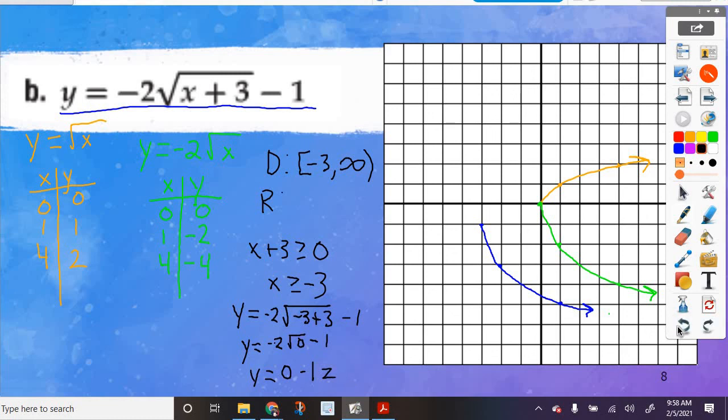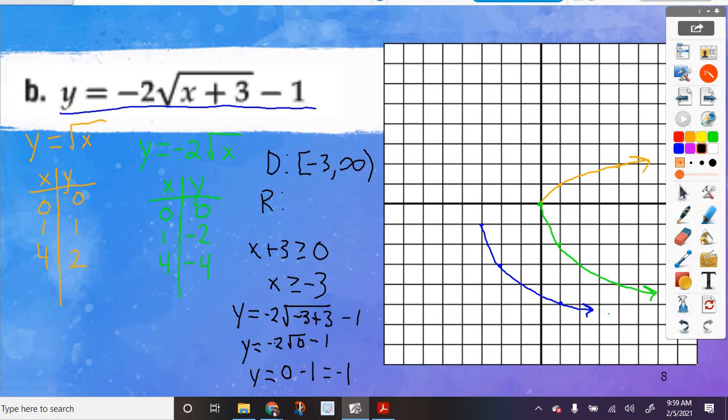But we do need to be careful this time because notice as we are going out towards infinity, remember that our blue graph is our final graph. And notice that our function is decreasing. So because we've been reflected, our y values are no longer getting bigger and bigger. They're getting more and more negative. So notice that for our y values, negative 1 is the biggest y value that we could have instead of being the smallest y value we could have.